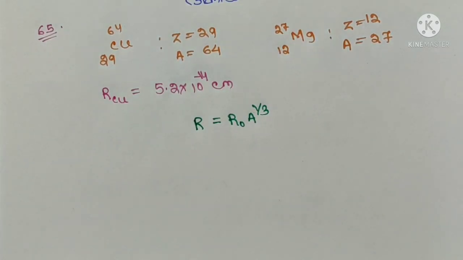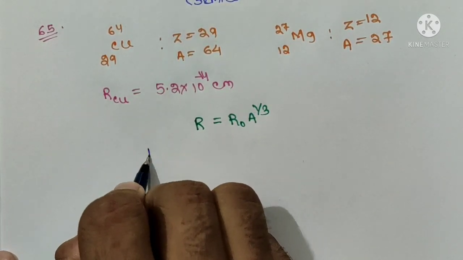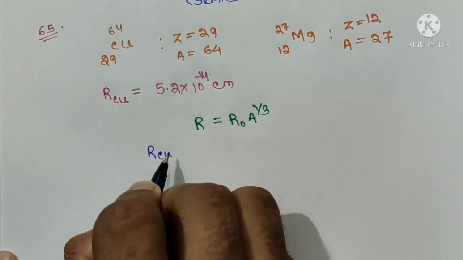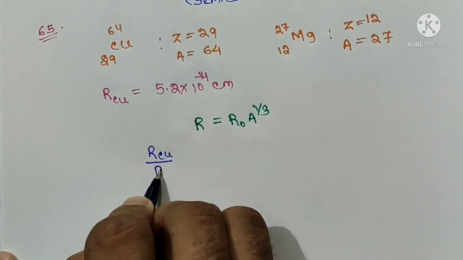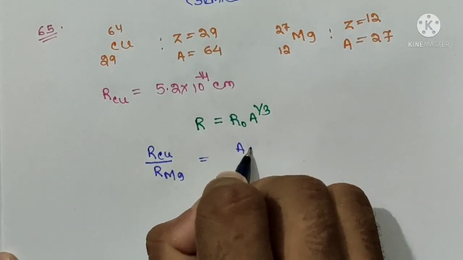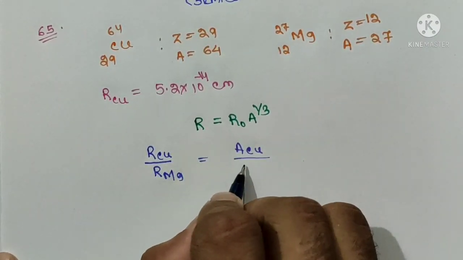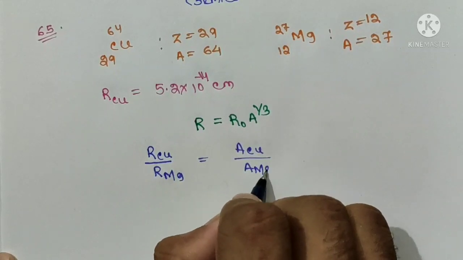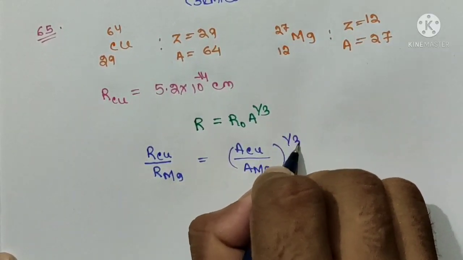So from this relation we can write the ratio of the radius of copper to the radius of magnesium is the mass number of copper over the mass number of magnesium to the power 1 by 3.